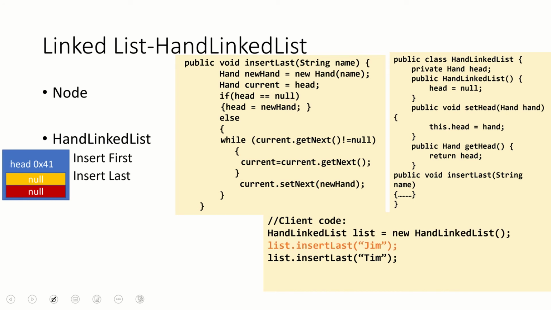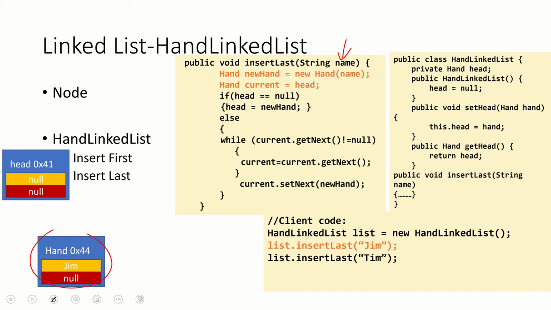This line we want to insert last, whose name is Jim. So we call this one, and the name is Jim. Then we create a new instance of a hand, whose name is Jim. Then we assign this head to the current one, which means over here is current.